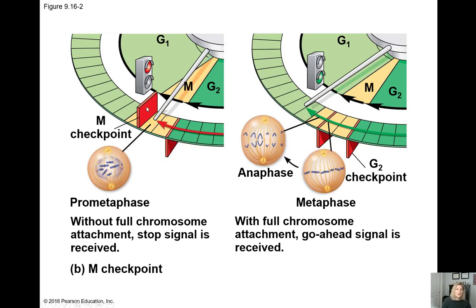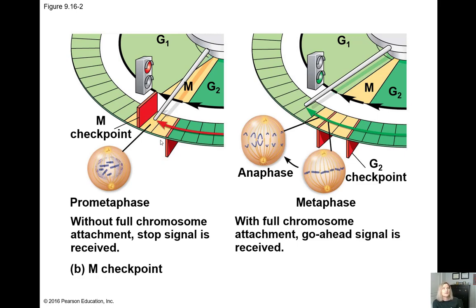And then finally, the third checkpoint occurs in the middle of mitosis, basically right during metaphase. So you can see that it's passed through prophase, it's passed through prometaphase, and then right at metaphase is when it stops. And that one is basically where it's going to double check and make sure that the mitotic spindle have attached to the chromosomes correctly.